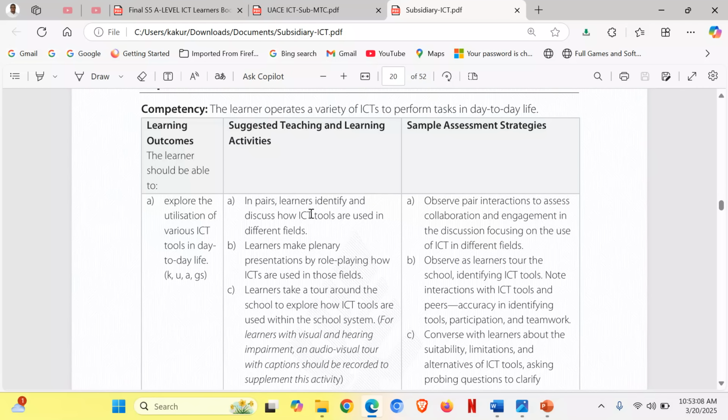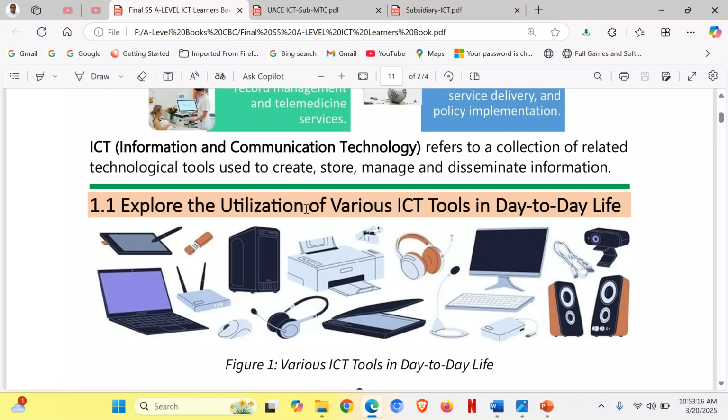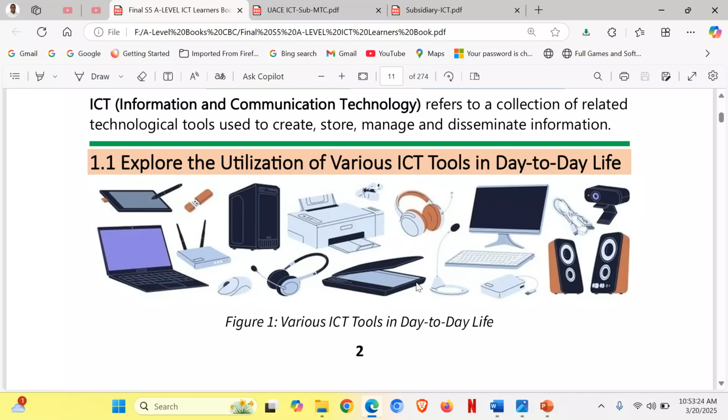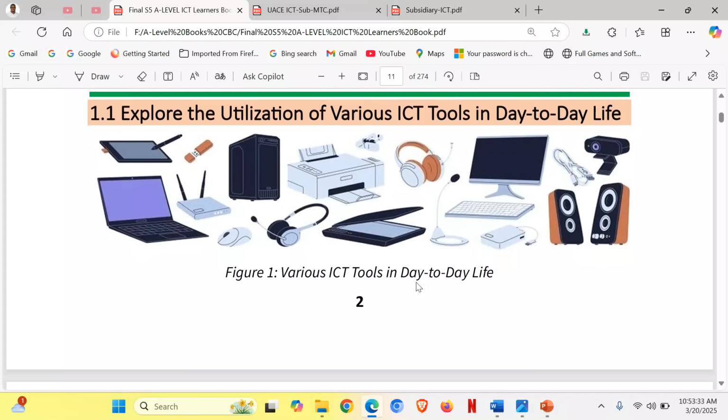In pairs, learners identify and discuss how ICT tools are used in different fields. So from there, we are looking at explore the utilization of various ICT tools in day-to-day life. So it is from here that learners are going to look at these ICT tools. They mention their names and their use, or where they are applied.